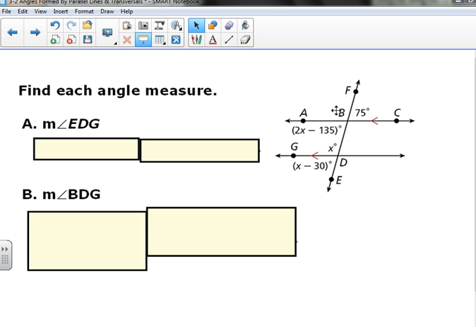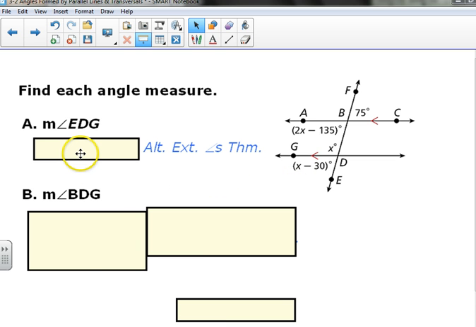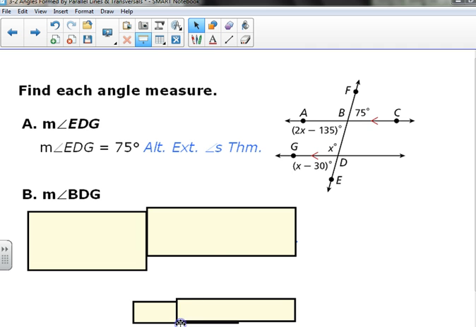But actually, what can we say about this angle that you named? FBC is 75, and how is that related to the very angle we're looking for, EDG? Why is it also 75? Yes, alternate exterior angles, right? 75. You were making it even more complicated.